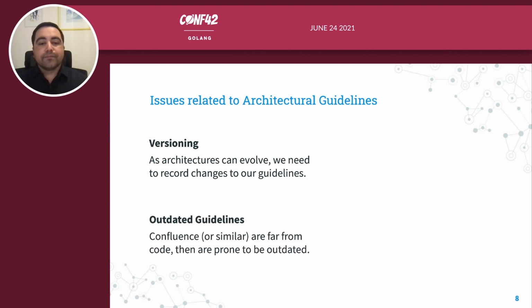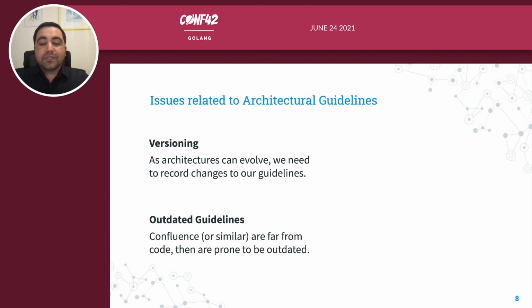The next one is about outdated guidelines. If you are thinking of publishing your architectural guidelines in systems like Confluence or an internal wiki, you have to take care of an important risk. Those systems are far from code. On a daily basis, we work with the code base, not with the Confluence system.